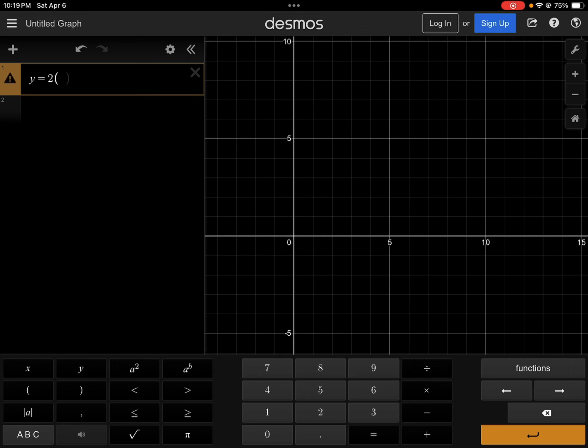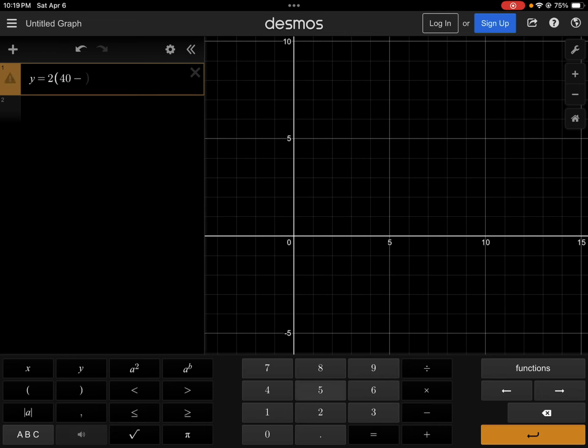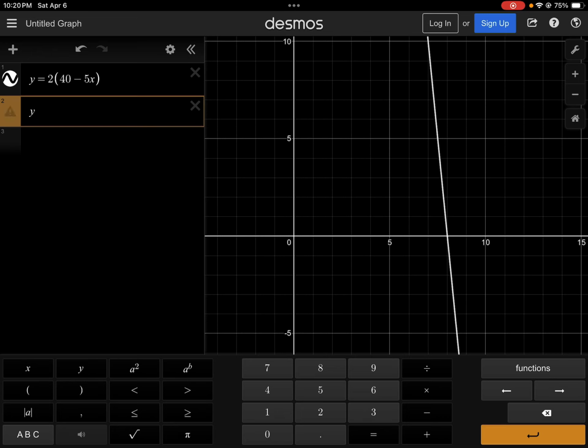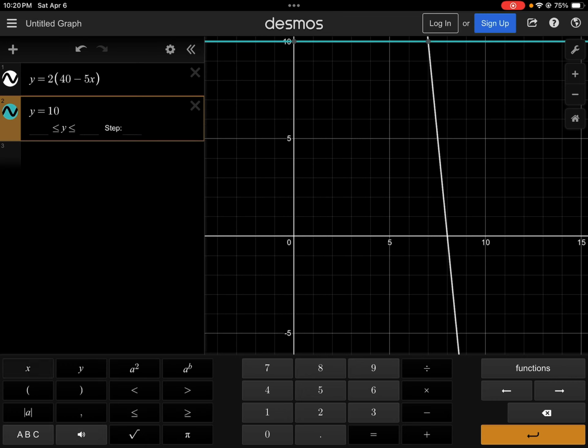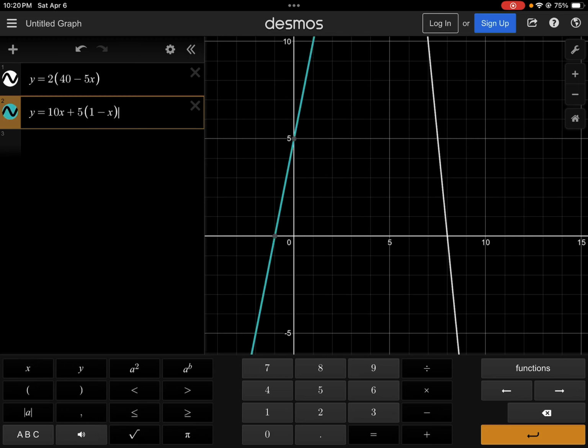Okay, 2, and then 40 minus 5x, and then I'm going to put y equals 10x plus 5, 1 minus x.